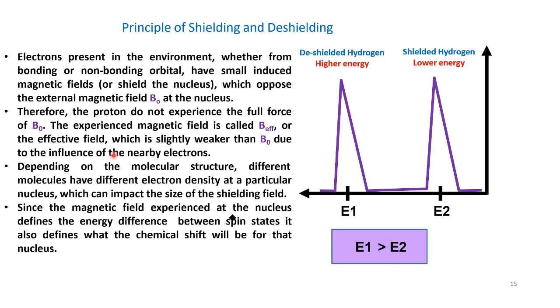So in the NMR spectra also, for the shielded hydrogen, the peak will be at a lower energy level, but for the deshielded hydrogen, the peak will be at a higher energy level. So that is the difference.